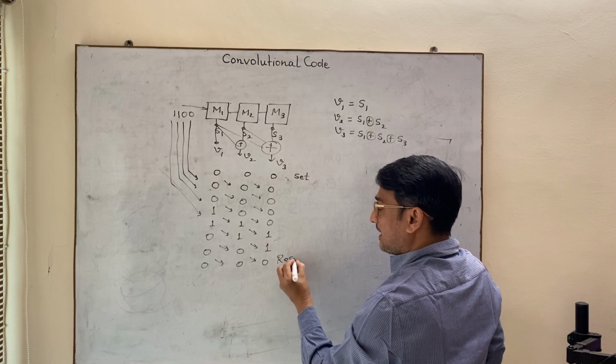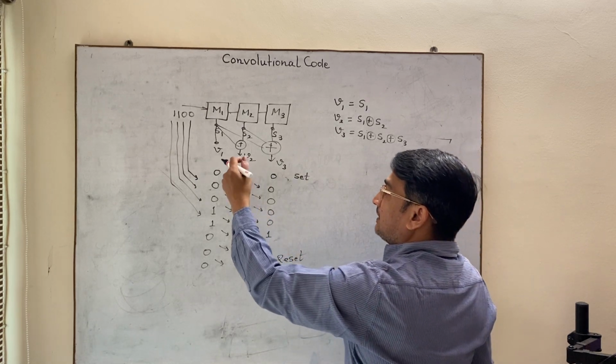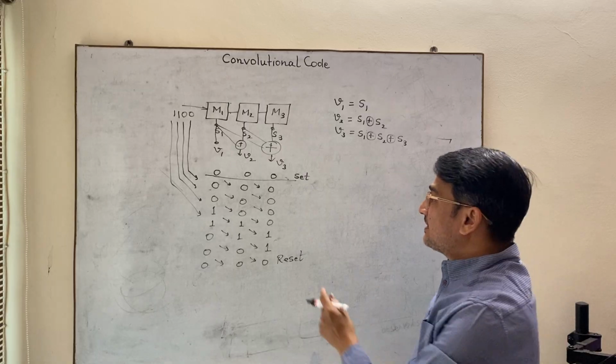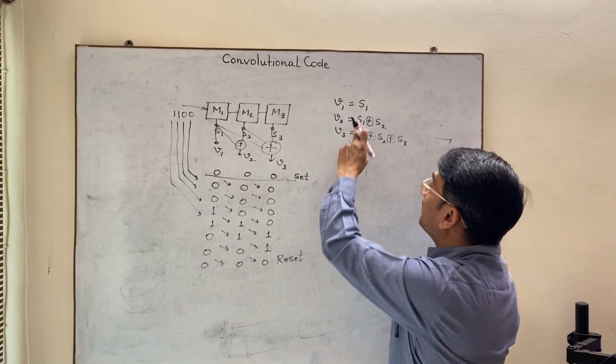So as you can see at the 7th stage it is reset. So you need not take this set condition. After this set condition you have to take all the values for the operation.